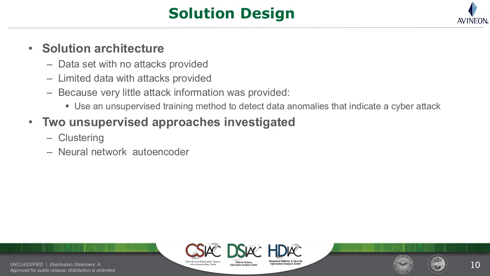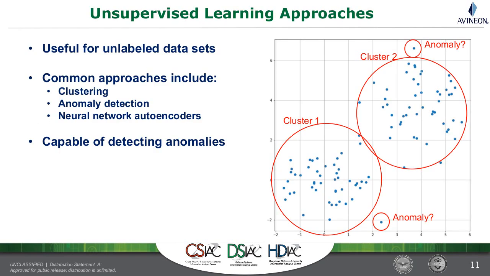We investigated two unsupervised approaches. One was clustering, and the next was a neural network autoencoder. I'll give you a brief overview of each of those in the next three slides. So I talked a little bit about unsupervised learning approaches. These types of approaches are useful when you have unlabeled data sets.